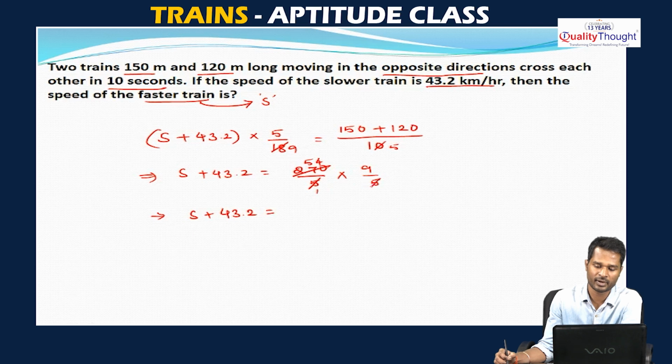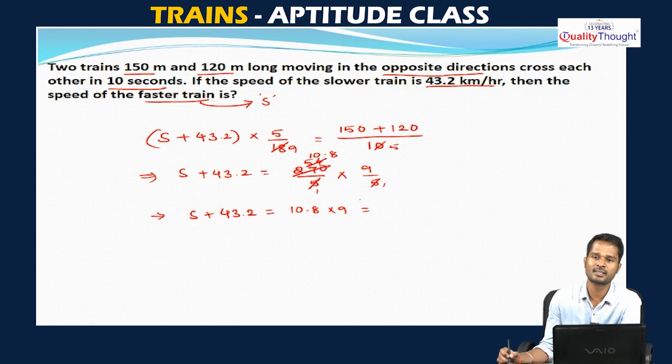So, this is 5 ones are 5, 5 tens are 50, 5 eights are 40. If you want to check by cross multiplication, 5 eights are 40 and 5 tens are 50, plus 4 is 54. So, we have 10.8 into 9.